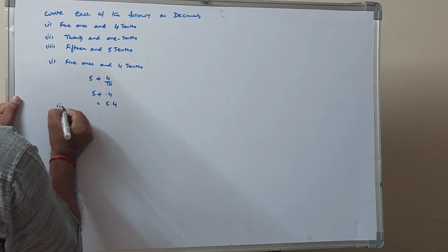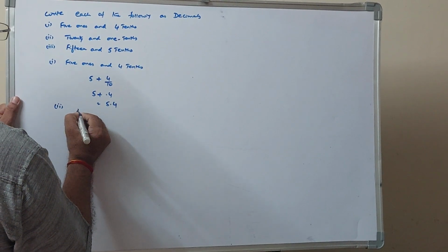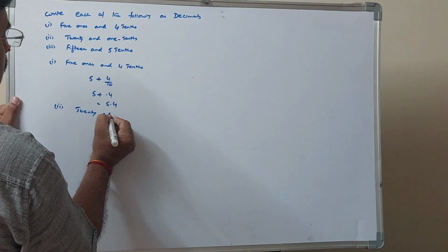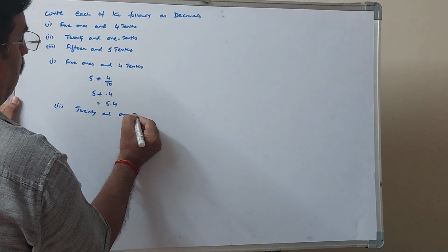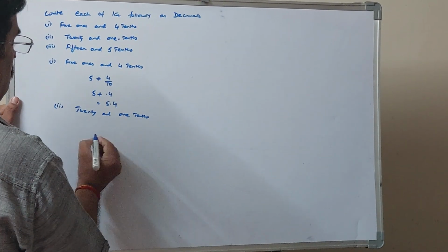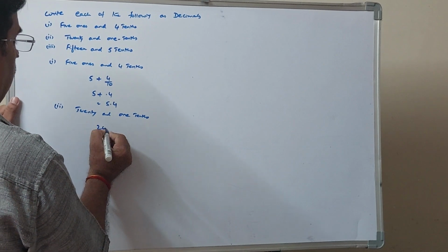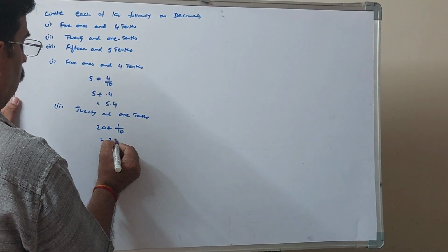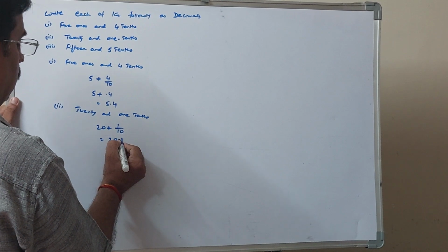Okay. Second one is 20 and 1/10. So 20 plus 1/10 is equal to 20.1.